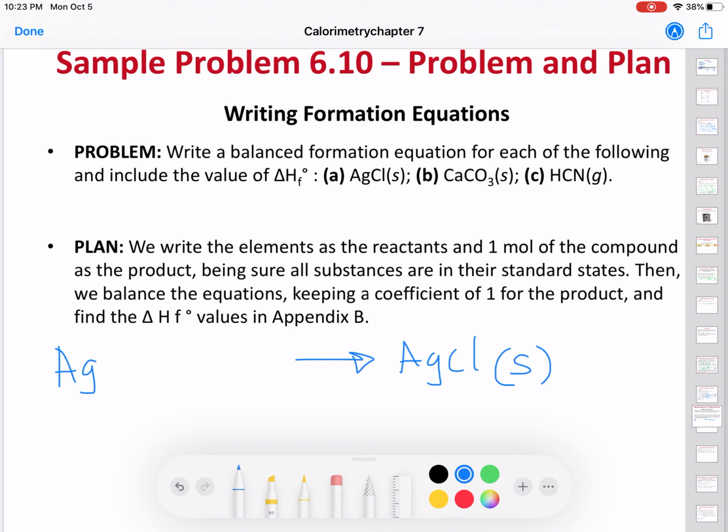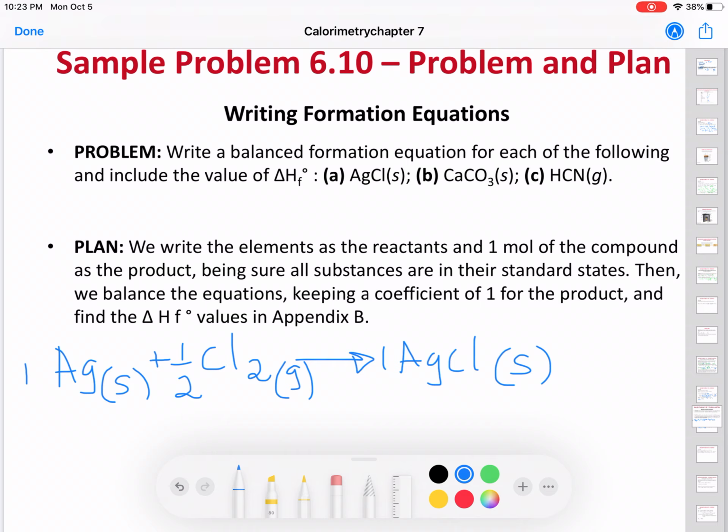How does silver exist in nature? As a solid. And then chlorine. How does chlorine exist in nature? As Cl2 gas. So you have to specify its state, gas, solid. And then it is going to form 1 mole of silver chloride. So the Cl2 is 2, so you write half Cl2. That is how you write the formation equation for silver chloride from its elemental form.